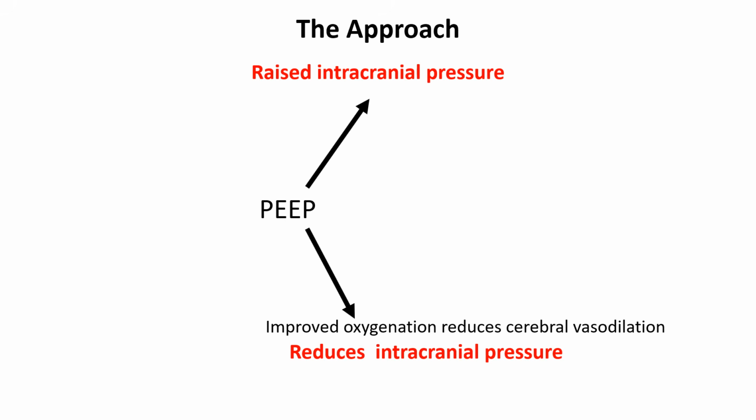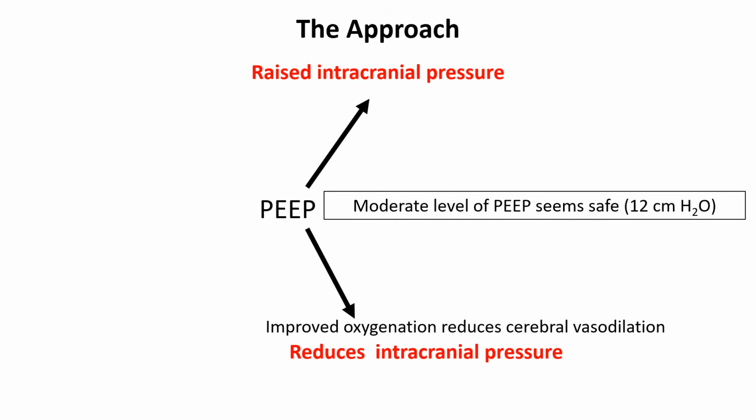A study indicated that PEEP levels up to 12 cm water result in negligible increases in ICP, suggesting that moderate PEEP may be safely applied in patients with acute brain injury. However, continuous monitoring of ICP and cerebral perfusion pressure is necessary when adjusting PEEP levels to detect and address any adverse changes promptly.